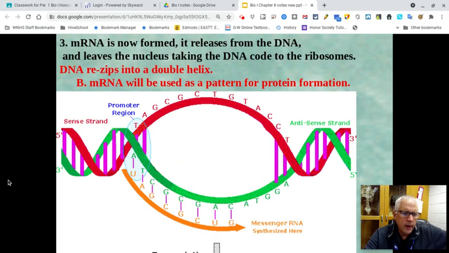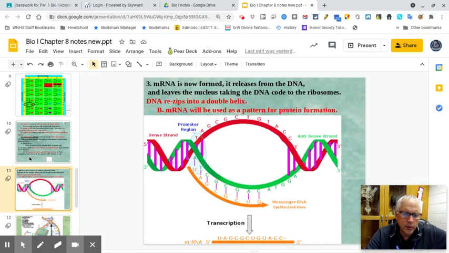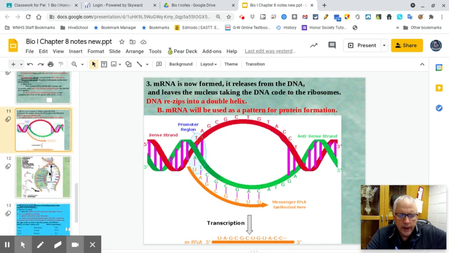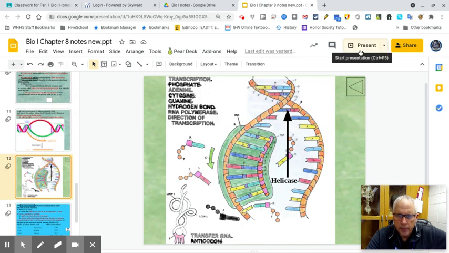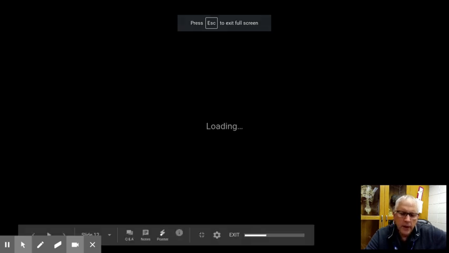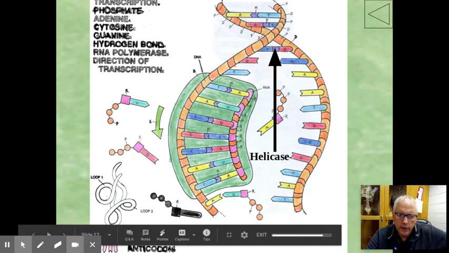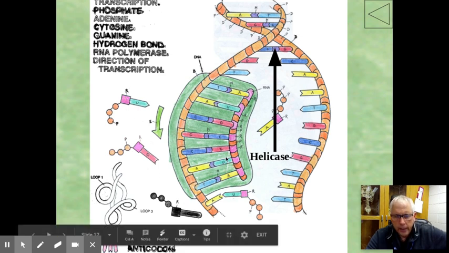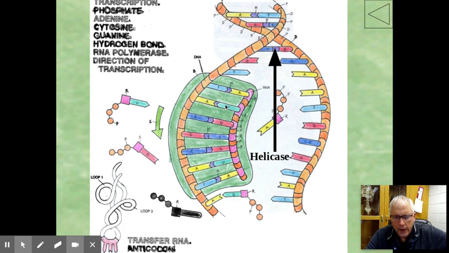So really, it's very, very similar to replication. The only difference is, as you can see from this diagram, instead of DNA pieces, it's going to be RNA pieces are going to start plugging in. You can see there's ribose, different sugar, there's uracil, there's guanine. They're just going to start finding their match.